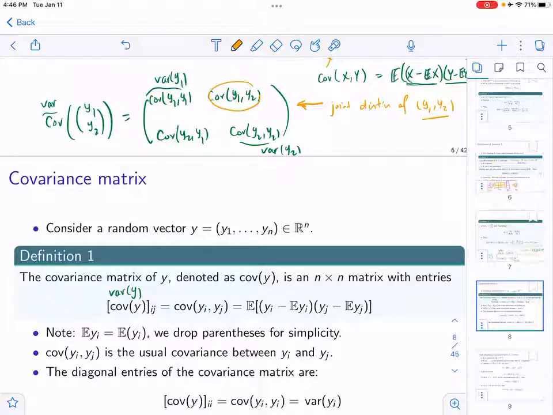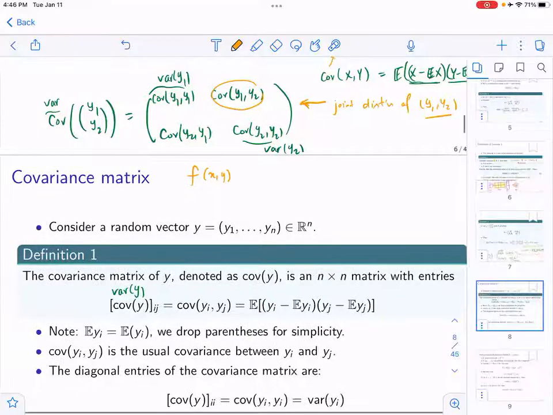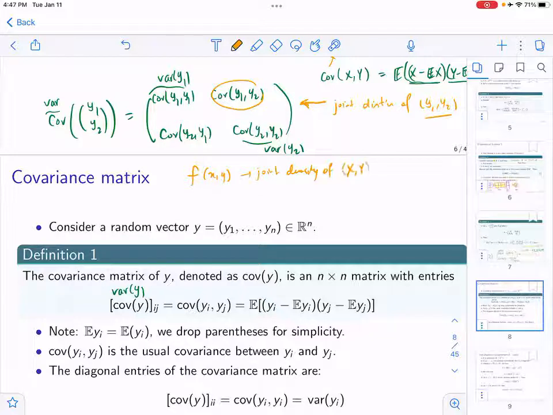So for example, sometimes they give you a joint density of x and y. Once you have this, you can compute a lot of things. In particular, if you give me the joint density of x and y, how do I compute, for example, the expectation of xy?